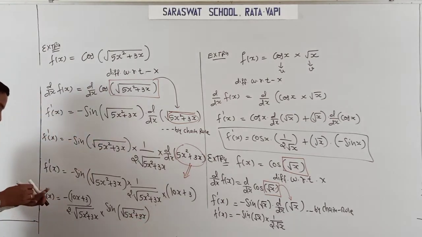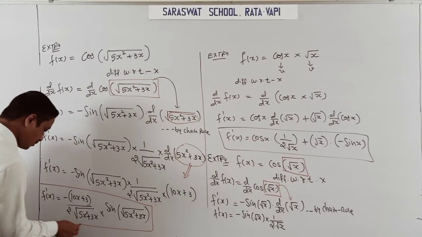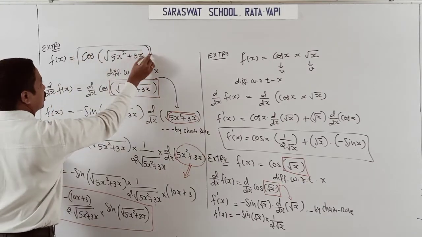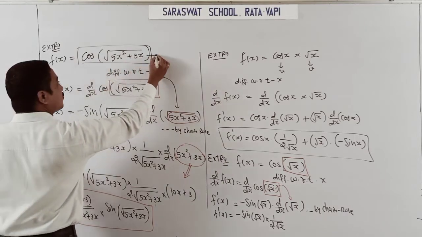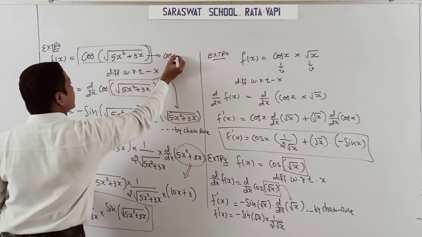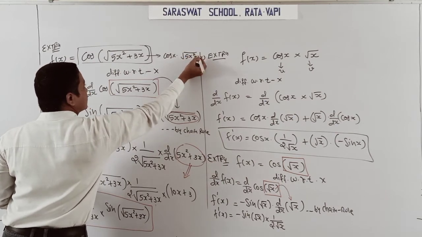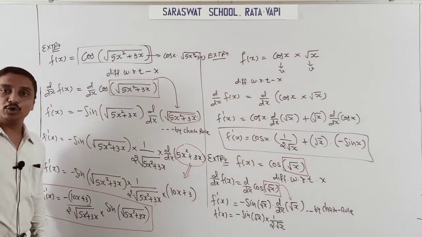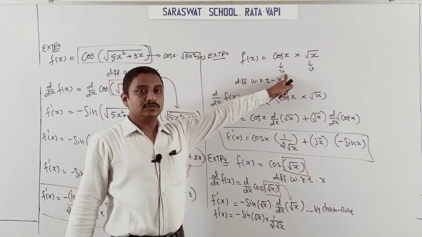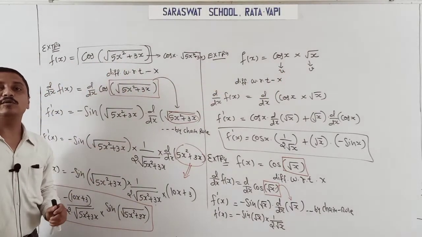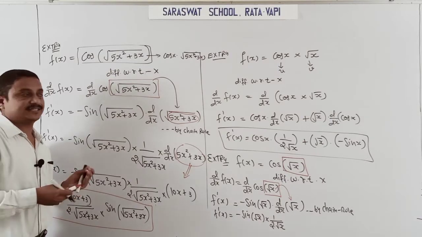Students, here this question is ending. Okay, if this question is given not in composition, maybe in this form, given cos x and 5x square plus 3x, students, then apply our product rule. But if a joining function is given, then apply our chain rule.